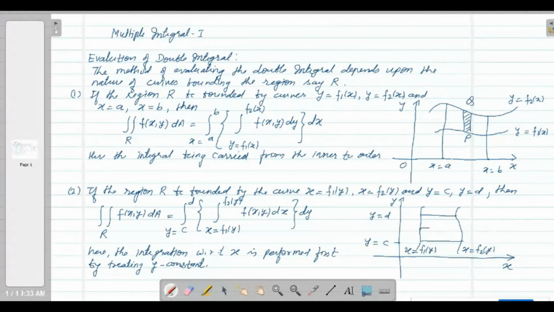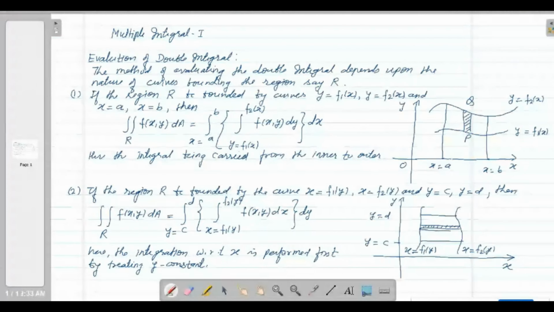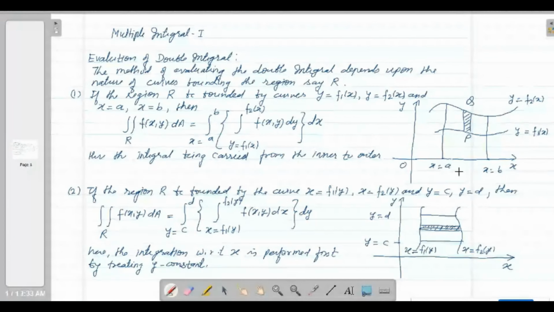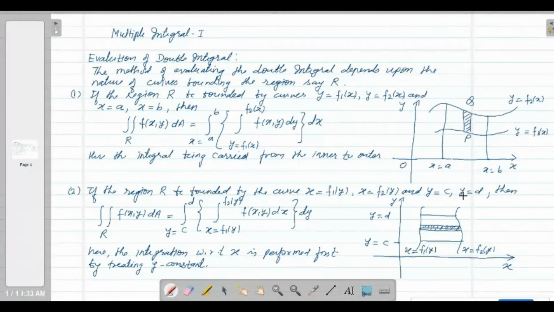So your strip must be parallel to the x-axis. If the strip is parallel to the x-axis, then the inner integral is evaluated first with respect to x. If the strip is parallel to the y-axis, then the inner integral with respect to y is evaluated first by treating x as a constant.